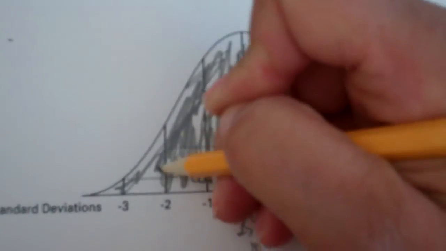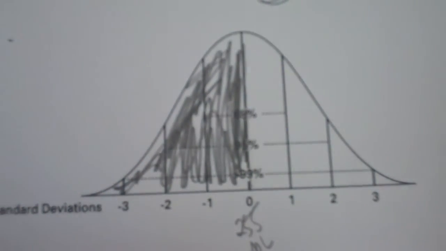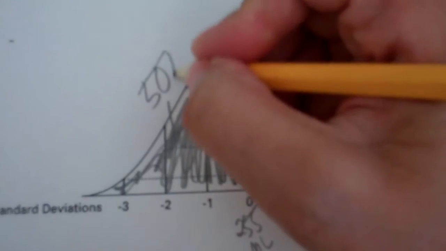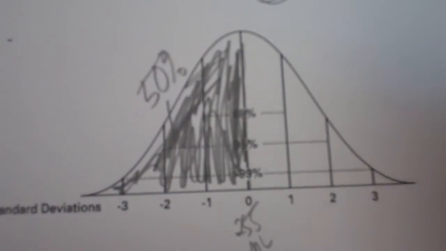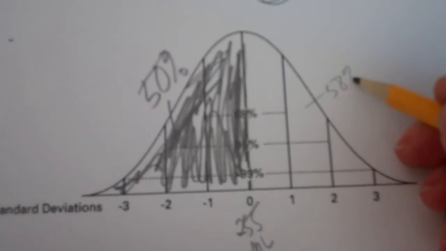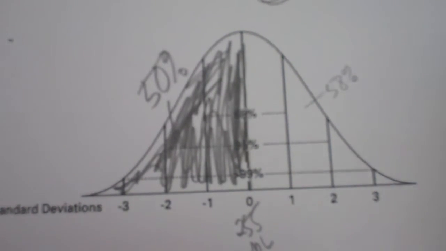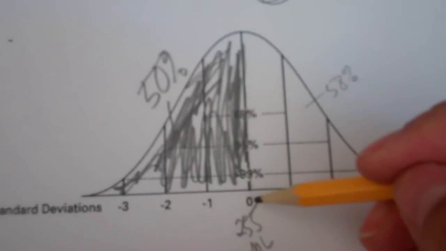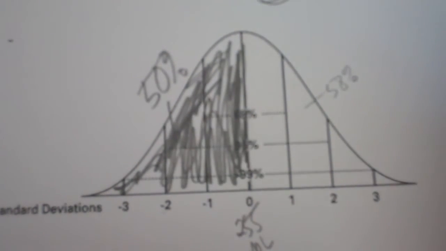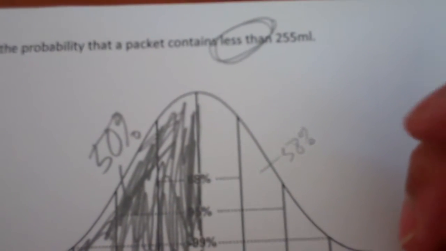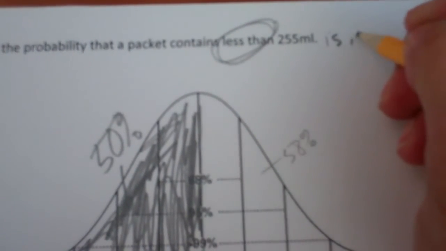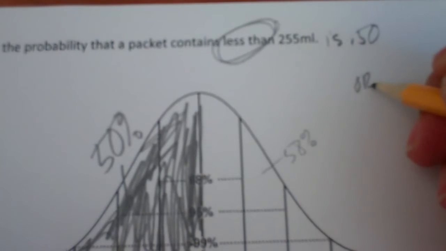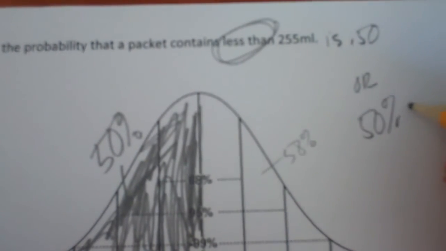Hey, that looks like it's about, you guessed it, 50% of my curve, 50% of the area under my curve. And this other side would be 50% as well. So that means that less than my mean, we have a 50% chance of it happening. So the probability that a packet contains less than 255 milliliters is 0.50, or you can say we have a 50% chance.